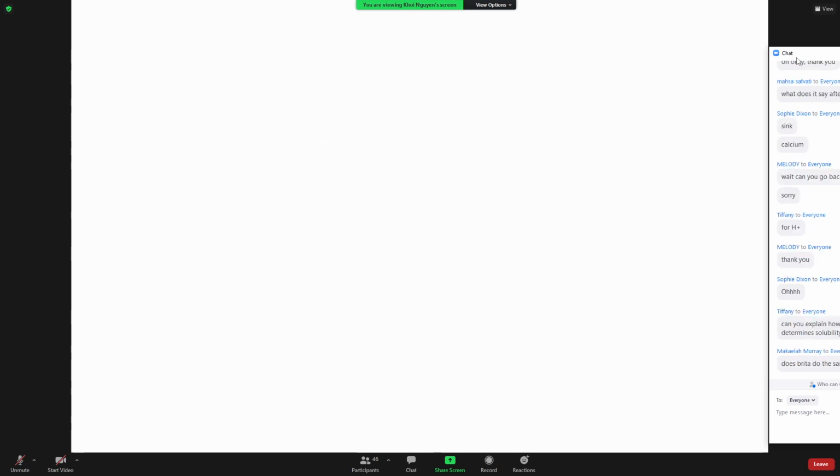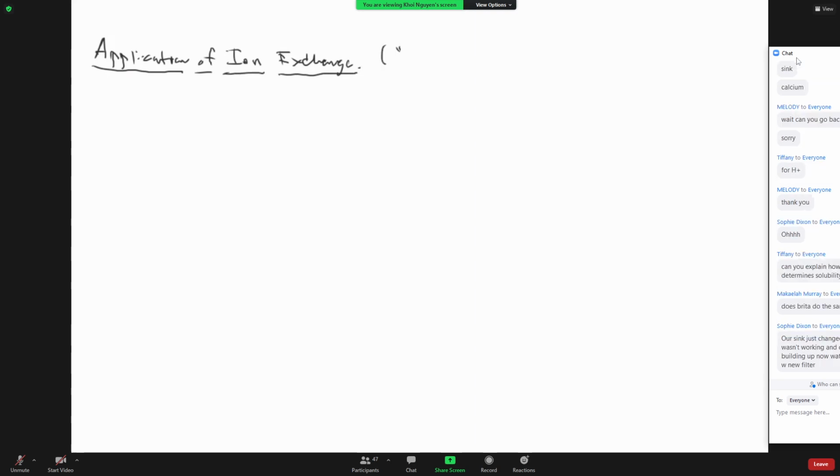So let's look at this, the application of ion exchange. Most people have this, especially if you're getting water from aquifers, which most people do. We call this a hard water filter.